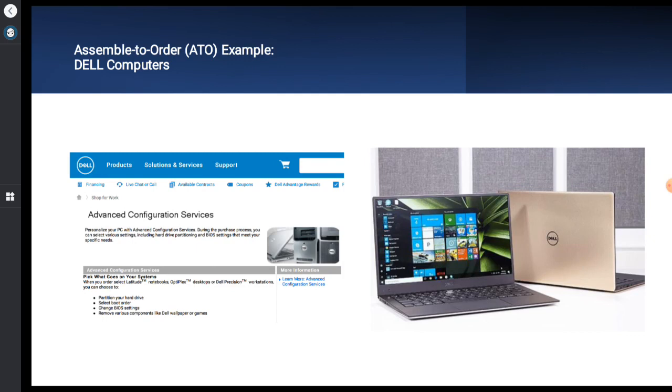So basically, once they receive orders, they start to assemble customizable computers using components that they already made, like keyboards, monitors, motherboards, and assemble them together to produce personalized PCs.